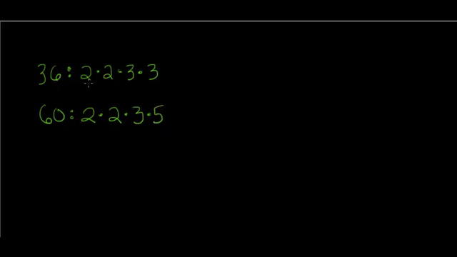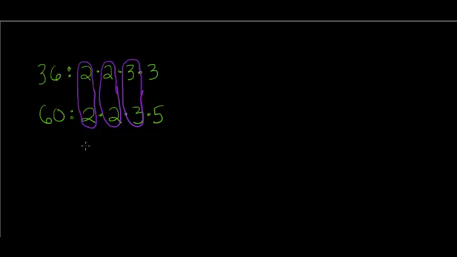Now what we want to do is take a look at our factorizations, and we want to mark shared factors. That means if we look at the factorizations, what numbers do 36 and 60 share? Well, I see here I got a pair of 2's, another pair of 2's, and right here I have a pair of 3's.